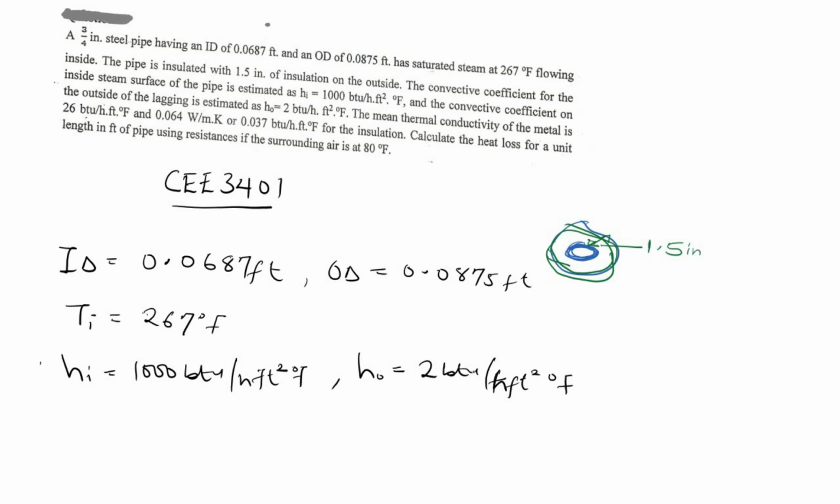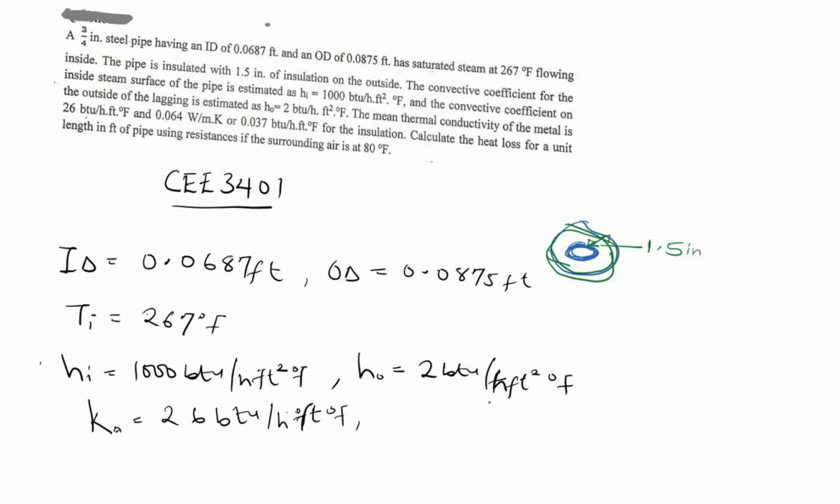degrees Fahrenheit. The mean thermal conductivity of the metal, let the metal be Ka or K, is 26 BTU per hour feet degrees Fahrenheit.